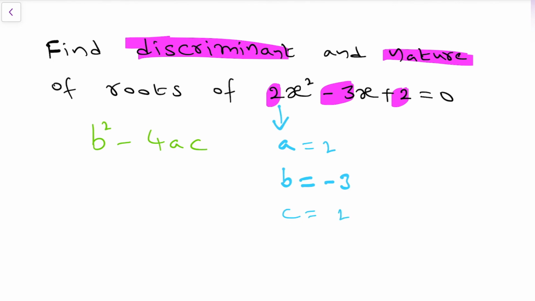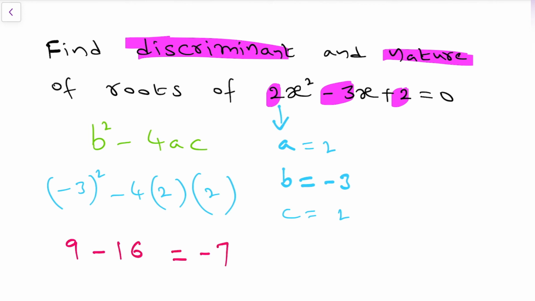Now let us substitute in this formula. b² is (-3)² minus 4 into a value 2 into c value 2. Now (-3)² is 9, minus 4 into 2 is 8, 8 into 2 is 16. 9 minus 16 is minus 7.